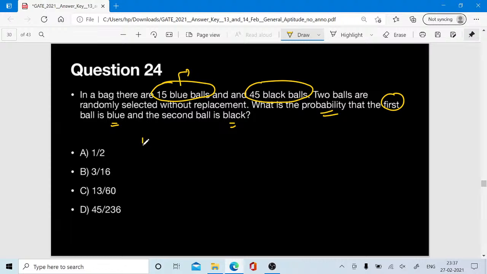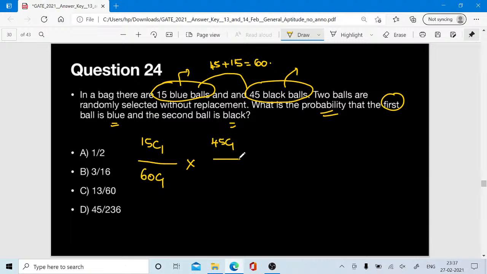So first thing is 15C1, because I am calculating only one ball. How many total number of balls are there? 45 plus 15, which is going to be 60. 15C1 by 60C1, and here these are independent events, so multiplication will come. Next I am choosing a black ball, so this is going to be 45C1 divided by, what will come in the denominator? One ball I have already taken out.